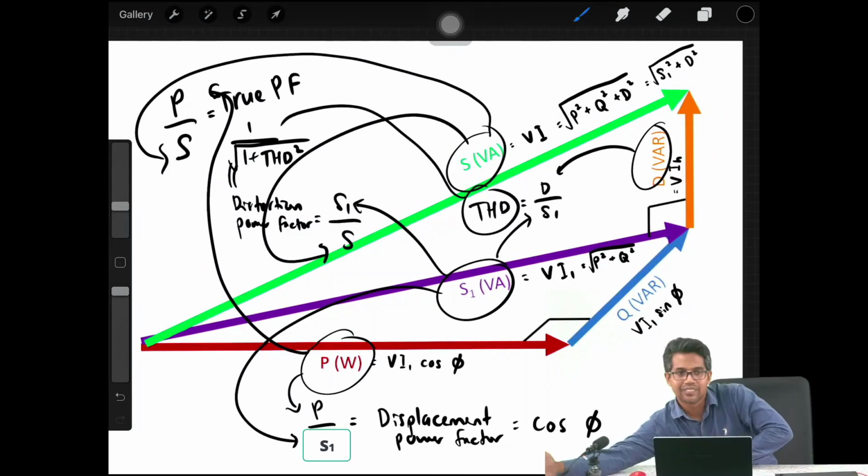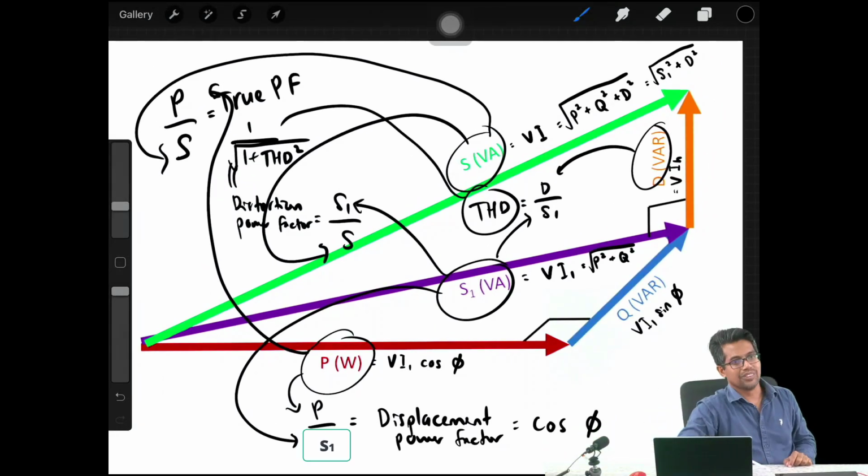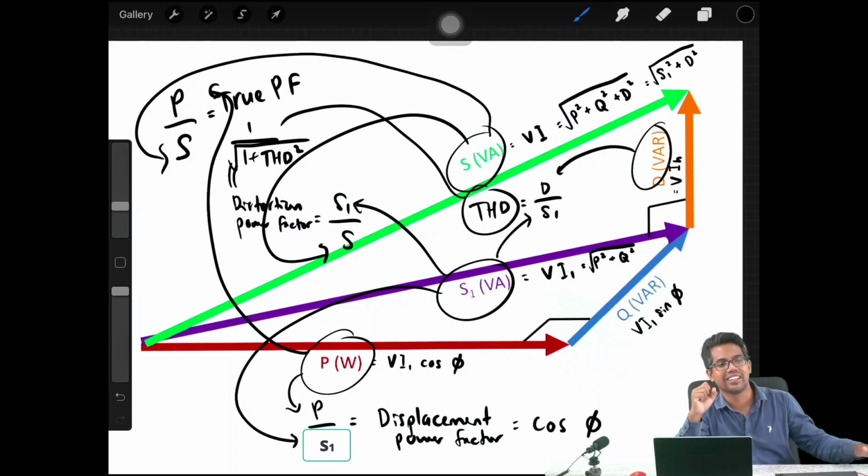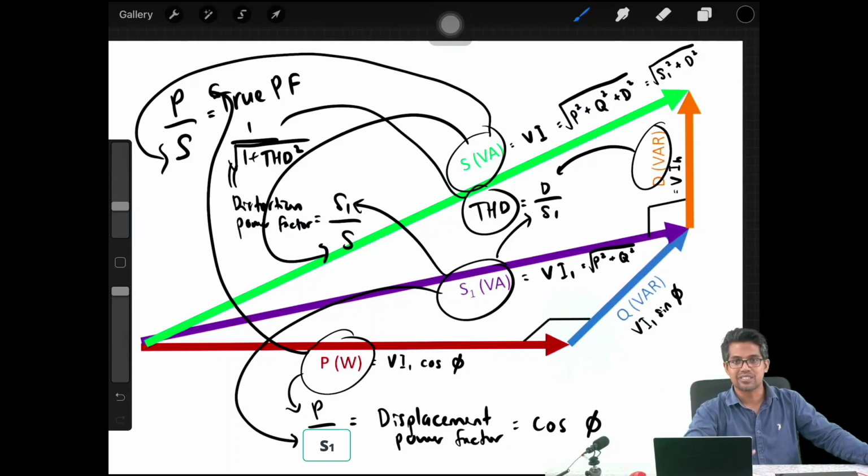So all this, you need to understand the concept, then it should be okay for you. You don't have to remember. This is just the power triangle, but now we got another plane for that power triangle. That's all for this video.